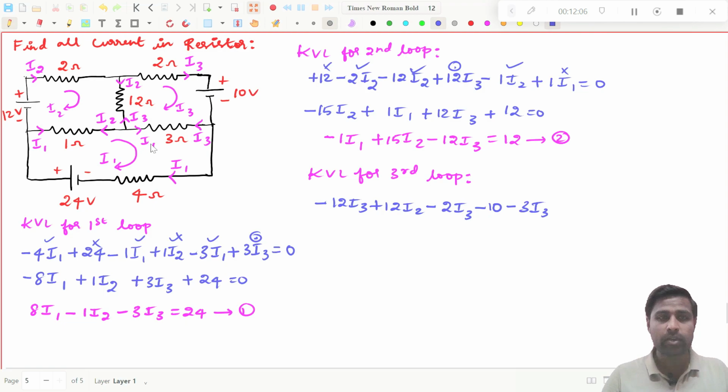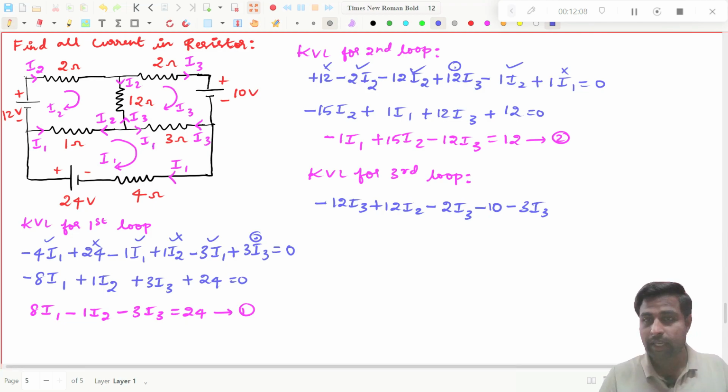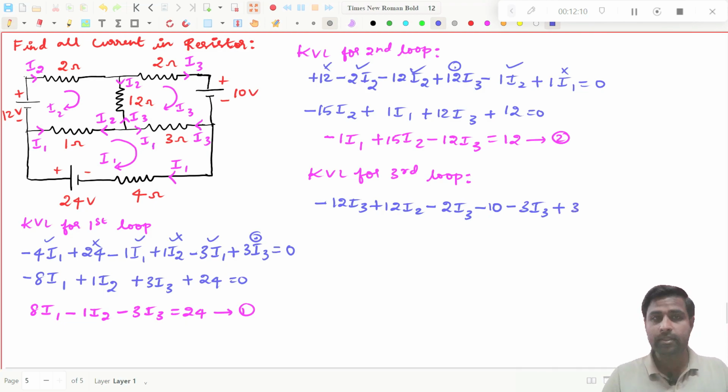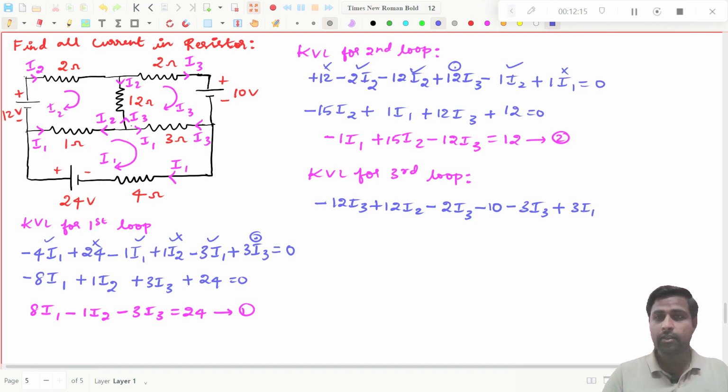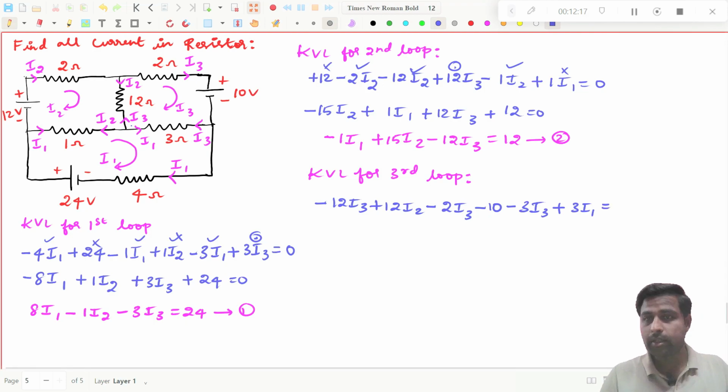You see, I1 is coming opposite to me. What I have to do again? I have to put plus 3 into I1. That's all, right? I have come to this point at last, so this should be equal to 0.